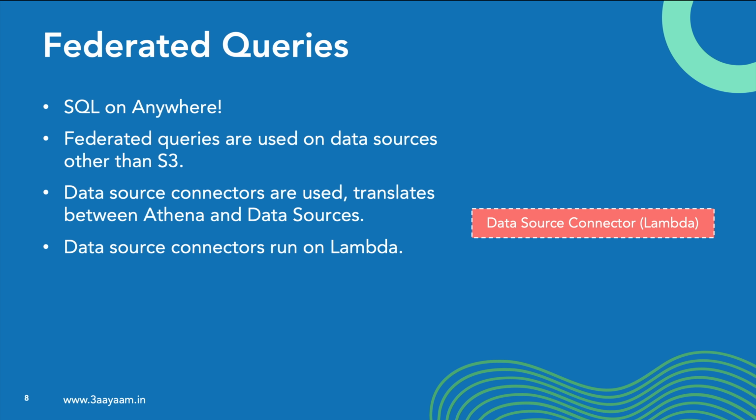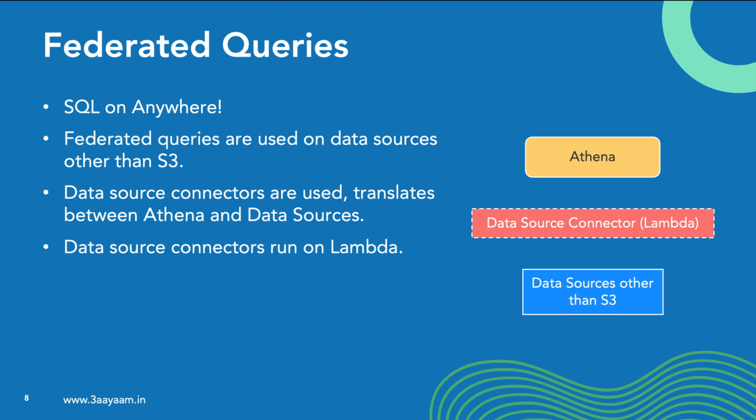So let's say we have this data source connector on Lambda, and we have Athena on top of it, and then we have other data sources than S3. Whenever we submit an SQL query on Athena, this connector converts it to the corresponding data source, retrieves the rows, converts them back to Athena format and then sends them to the client.